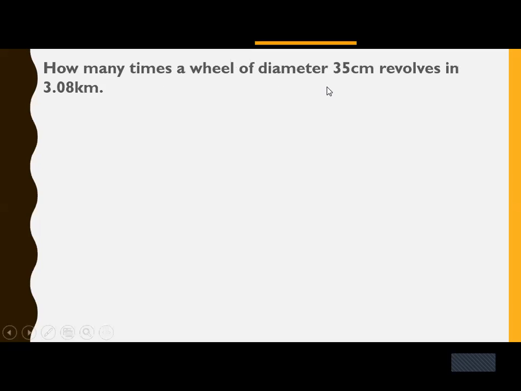Now, how many times does the wheel of a diameter 35 centimeter revolve in 3.08 kilometer?